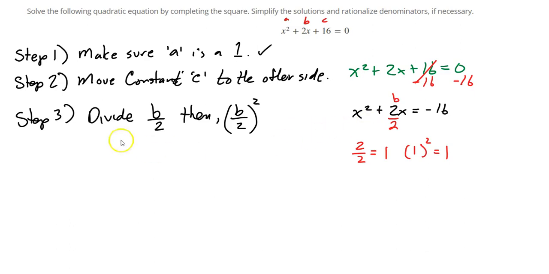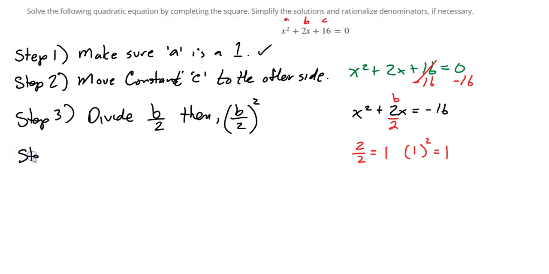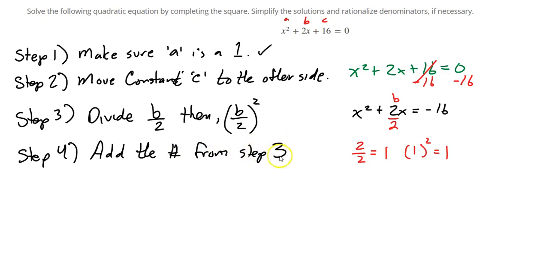Now what we're going to do is step 4. Add the number from step 3 to both sides.